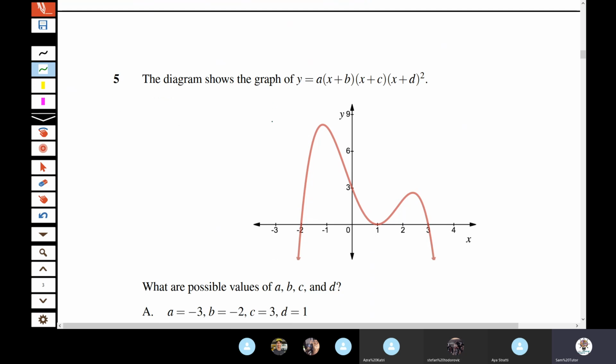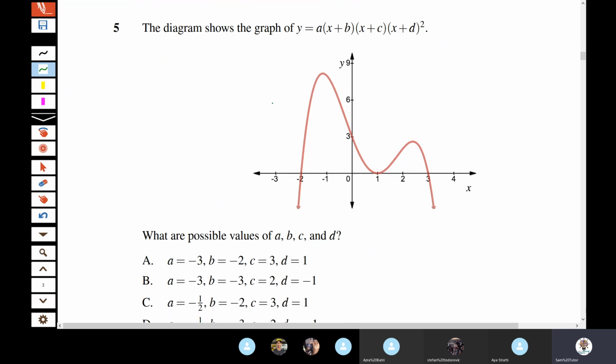So here's another one: polynomials, or your further curve sketching. The diagram shows the graph of y equals a(x + b)(x + c)(x + d) squared. Of course, it just asks what are the possible values of a, b, c and d.